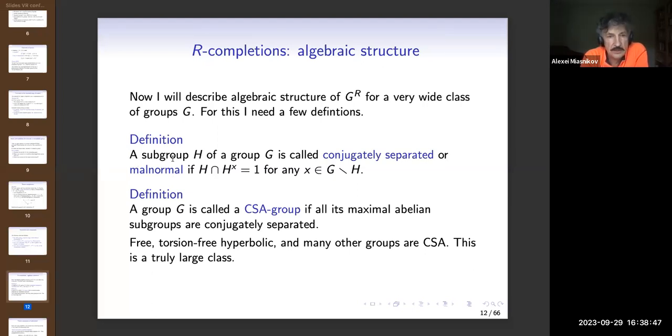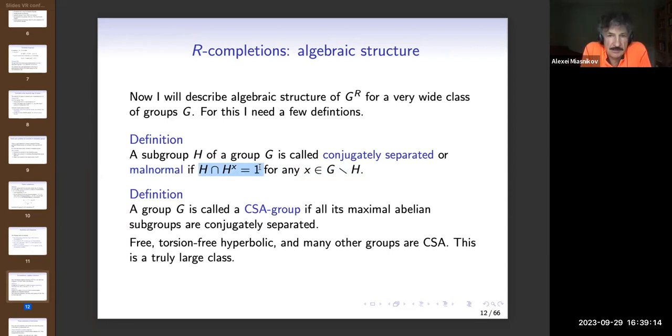Just to remind you the definition, a subgroup H of G is called conjugately separated, or malnormal, if for any x in G which is not in H, the intersection of H and the conjugate of H by x is trivial.